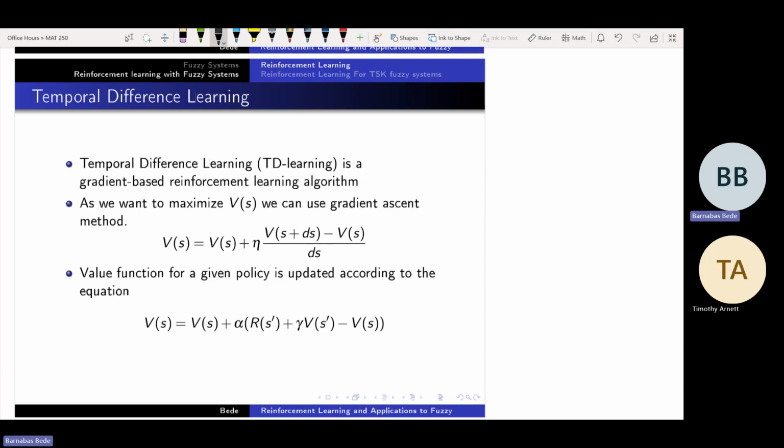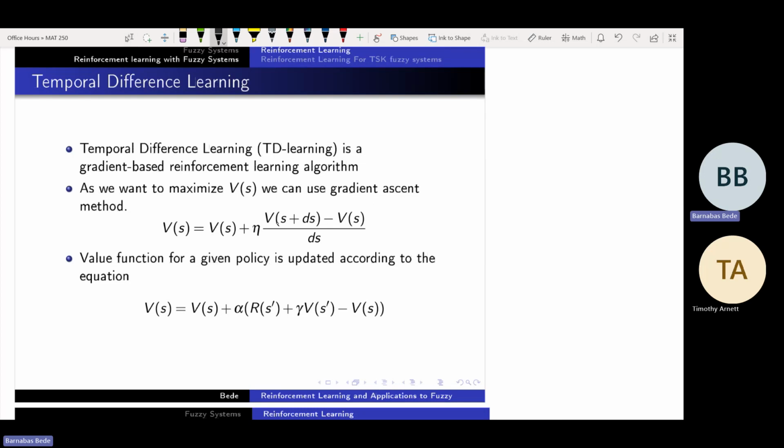Typically we did gradient descent to minimize error, but now for value, we want to maximize it. So how do we do that? We calculate the gradient of the value function, and we update the value based on that with some learning rate eta here.